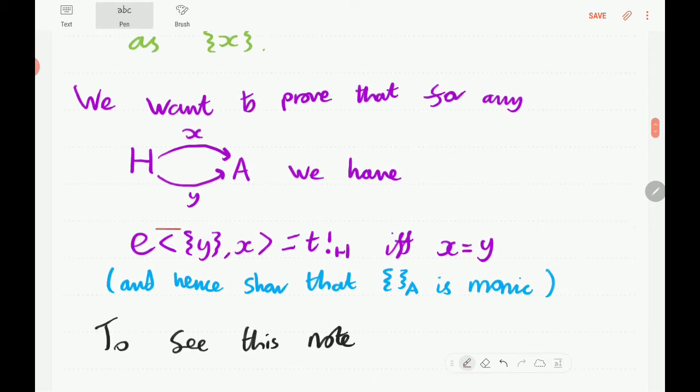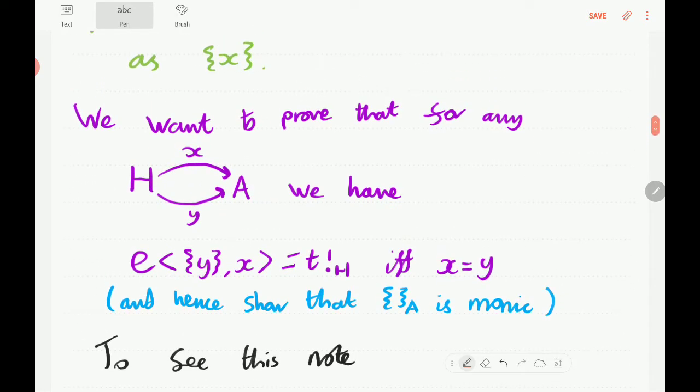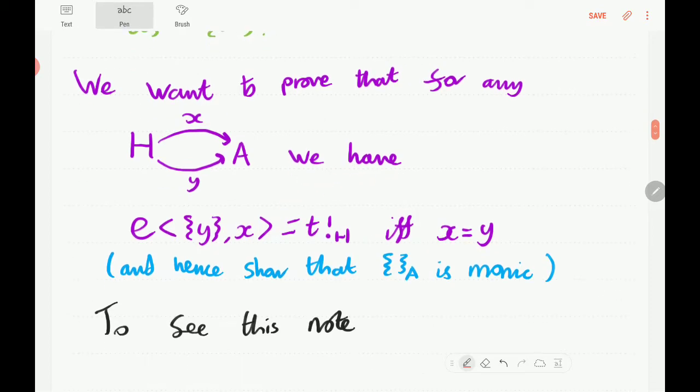So suppose we have, for a general object H, arrows little x and little y from capital H to A. Well, then we claim that the evaluation after y in curly brackets, comma x, is sending everything to true if and only if x equals y.